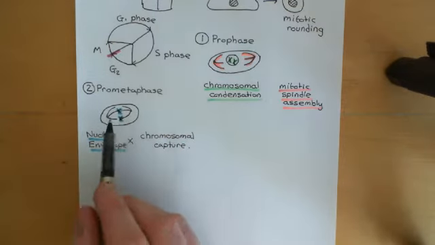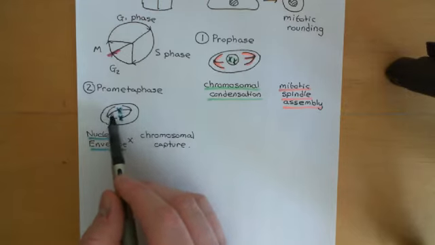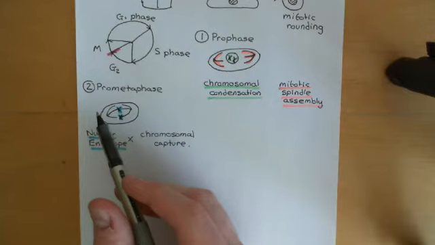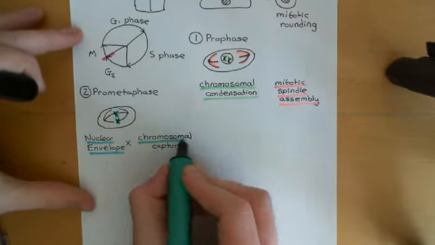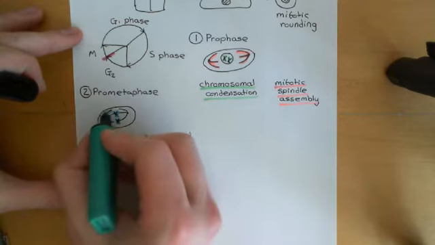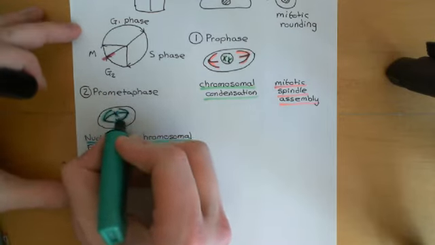Each chromosome is a pair of identical sister chromatids, so a microtubule from this mitotic spindle needs to attach to one of the pair, and a microtubule from this mitotic spindle needs to attach to the other of the pair. Here is the phenomenon of chromosomal capture, where these microtubules are attaching to the sister chromatids.